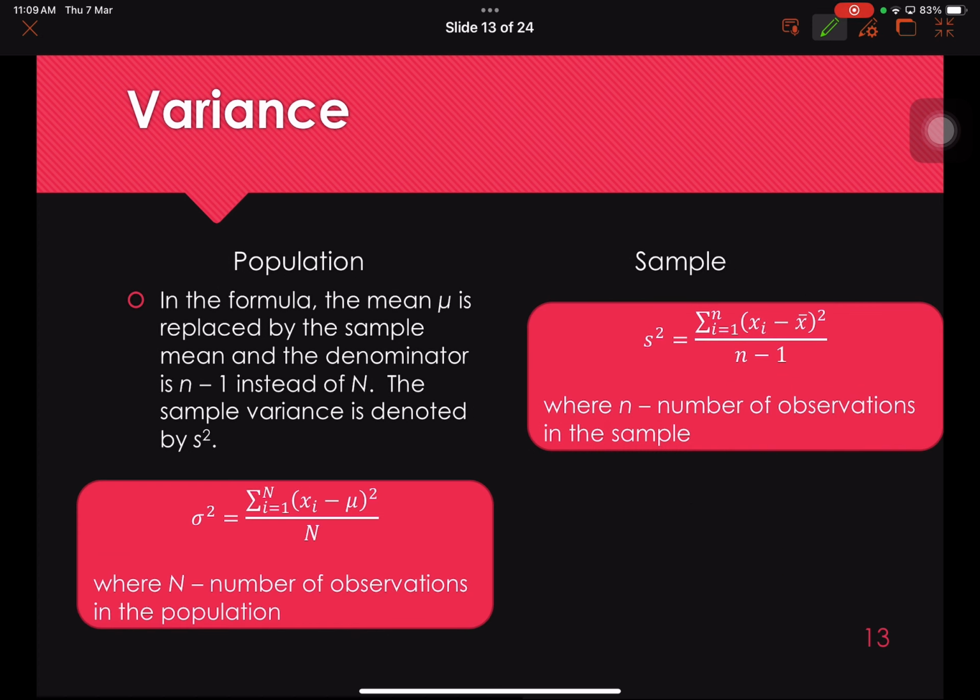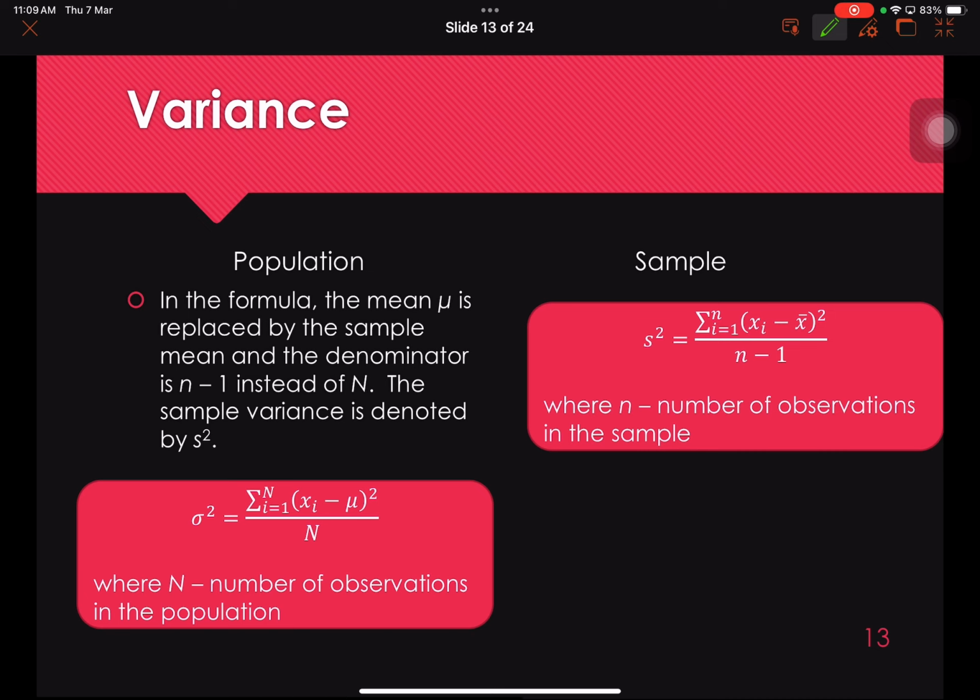Alright, and this is the formula. Like I said, we have population variance and sample variance. I'm sure you know the difference between populations and samples.